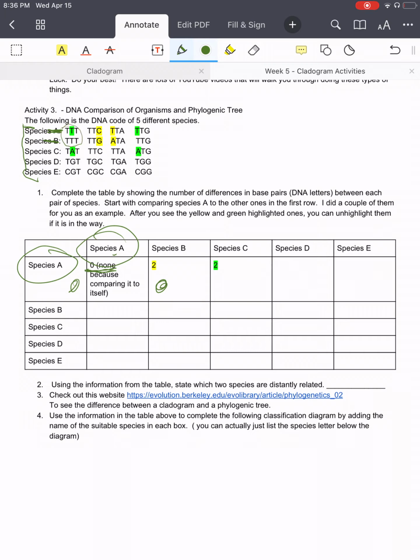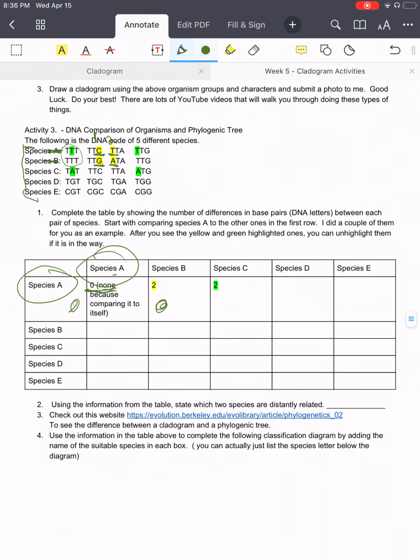When you get to your first difference, it's right here. So that's 1 difference. And then I see a difference here between A and B. There's 2 differences. And A to B right here, that's fine. So there are only 2 differences. That's why I put a number 2 here to help you get started.